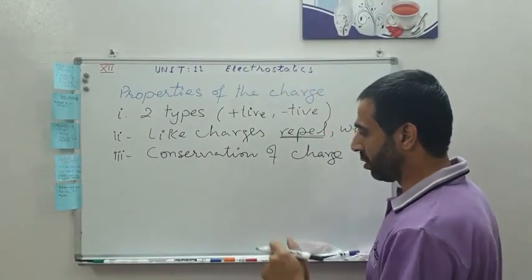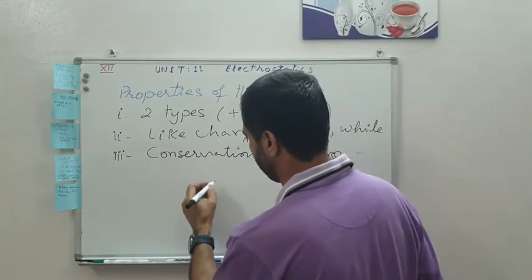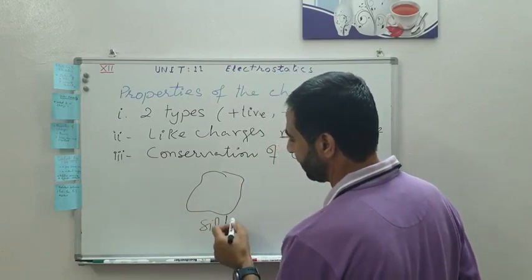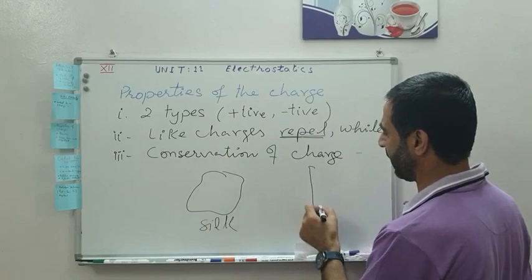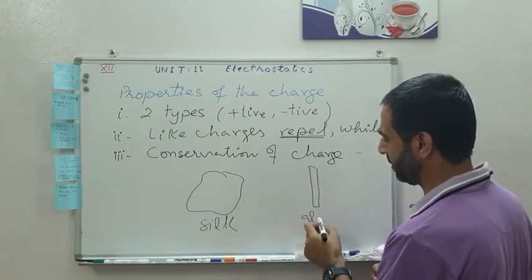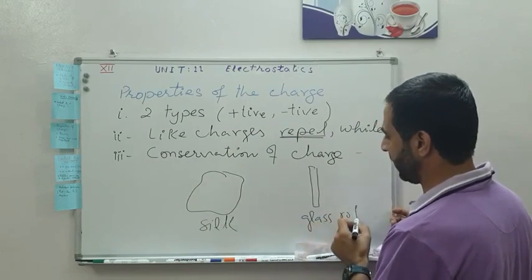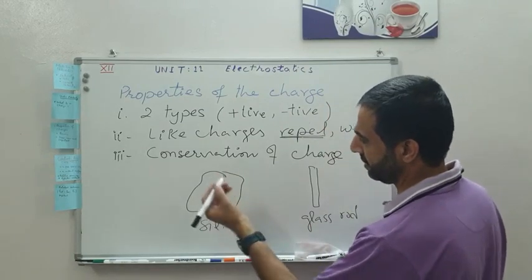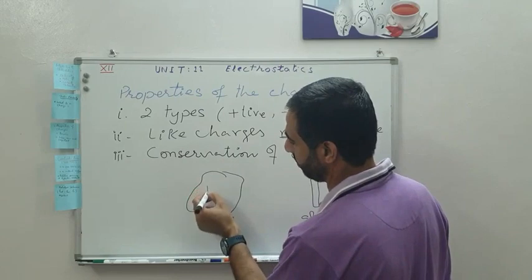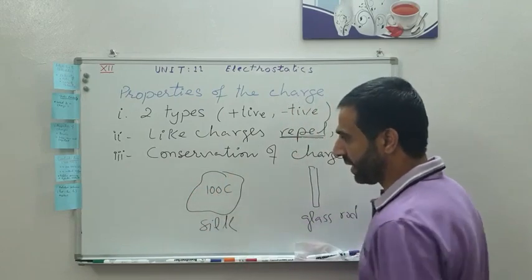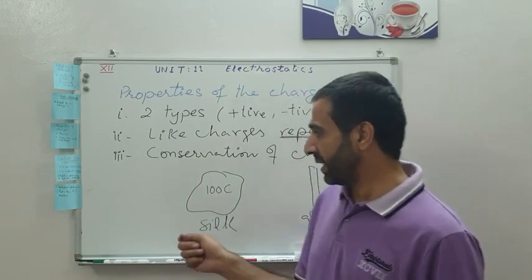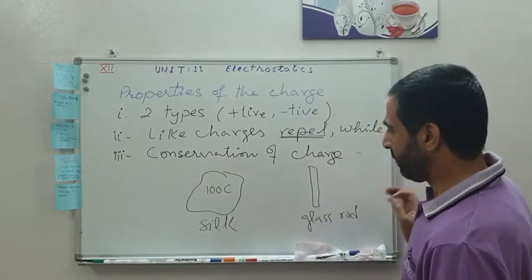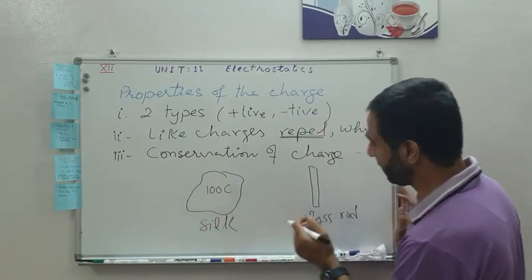For example, look, if you rub two materials together, if this is a silk cloth and, let us suppose, this is a glass rod, let us suppose initially it has 100 coulomb of charge. Coulomb is the unit of charge, and later on in this lecture I will be explaining what 1 coulomb of charge is.